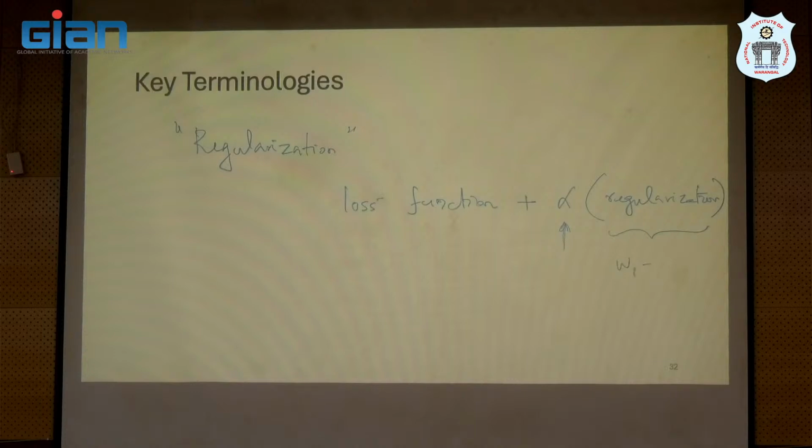We can have just W1 plus W2 up to Wm, however many weights there are in the system. Such a function is called L1 regularization. The objective of L1 regularization is to make the weights 0, because this is a loss function and you want to minimize it, right? The goal of the problem is to minimize this entire loss function.